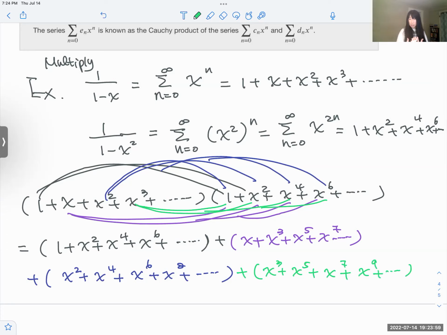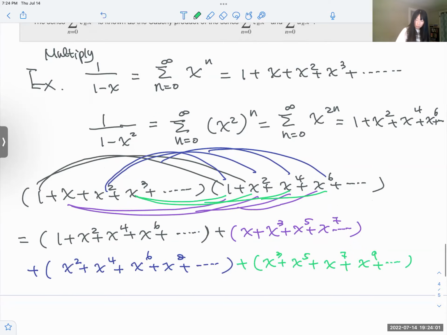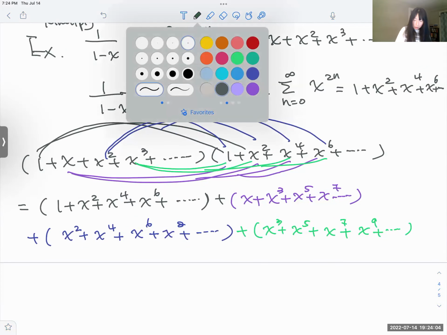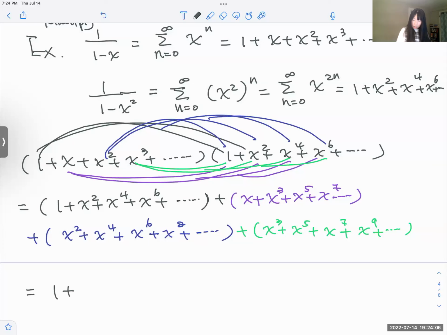Okay, then let's combine like terms. So 1, x^2, 2x^2, yeah.